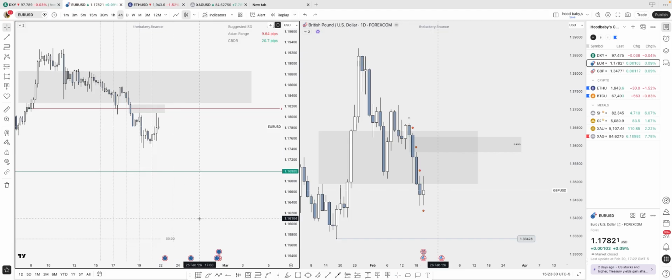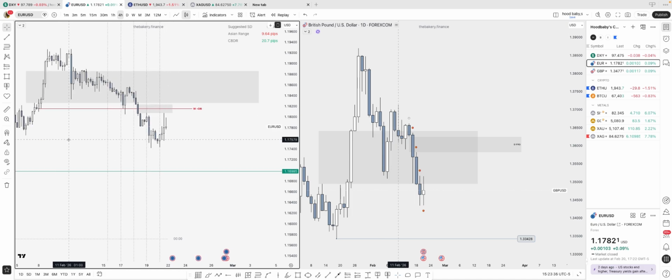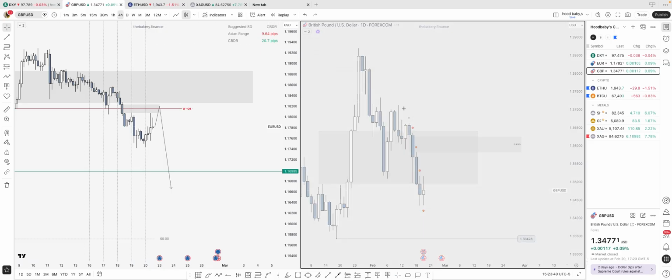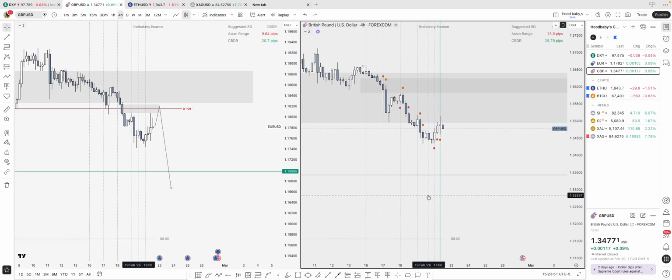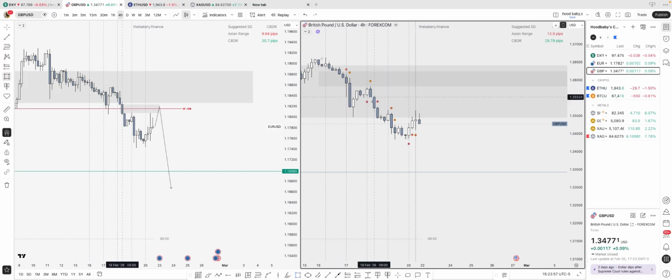So with the 4 hours aligning with the weekly OB, we do have a level we could trust and work with. We could just see price from here trade into this daily 4 hours fair value gap, then expand over. If we go down to the 4 hours on GU as well, we have an unmitigated fair value gap just above here, around the spot.